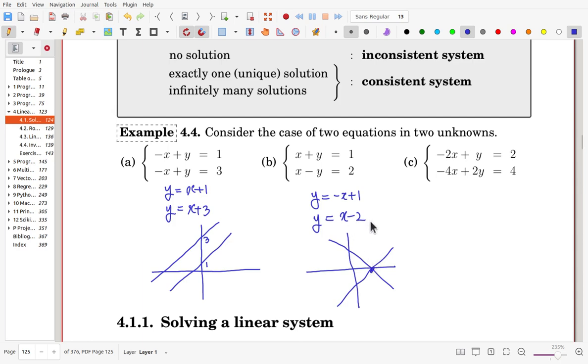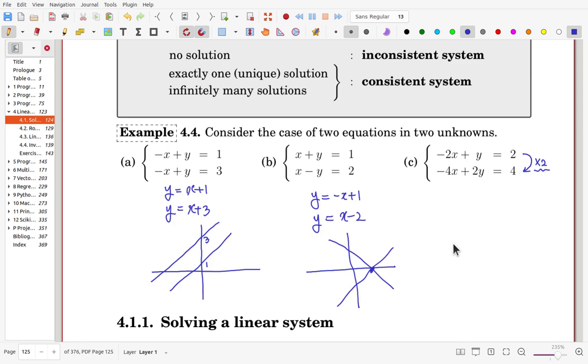It has a unique solution. Now, here, if we multiply the first equation by 2, then we get the second one. That means these two equations are essentially the same. Each one makes a line, so the graphs are identical.